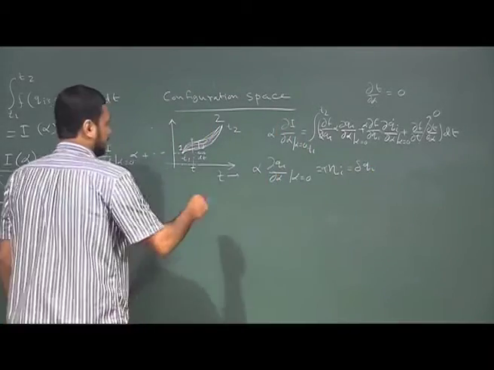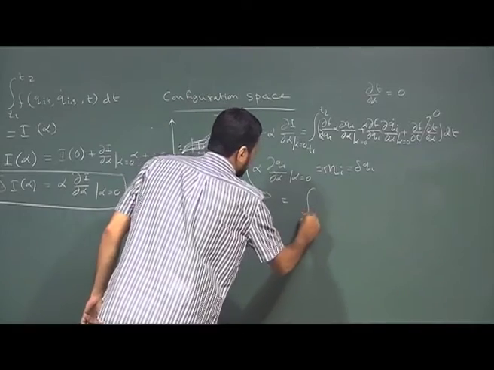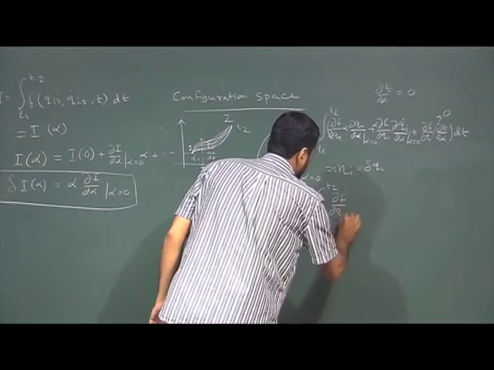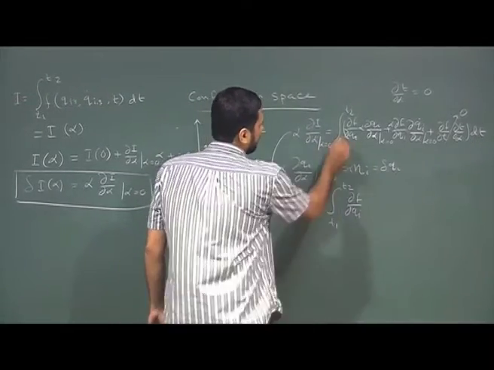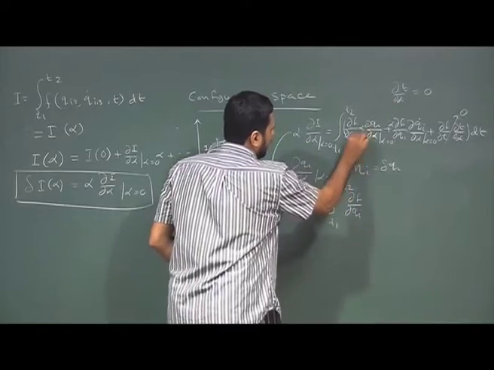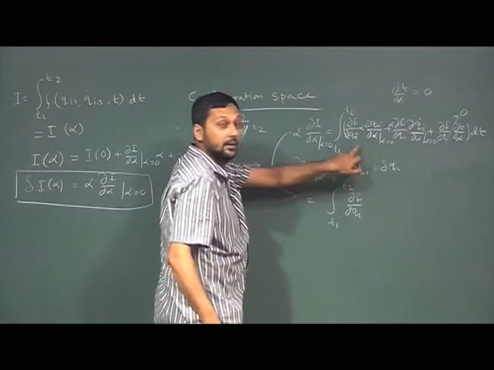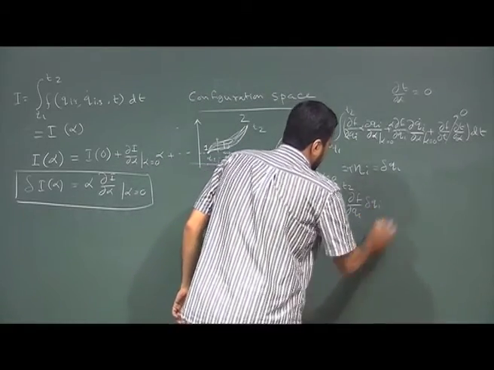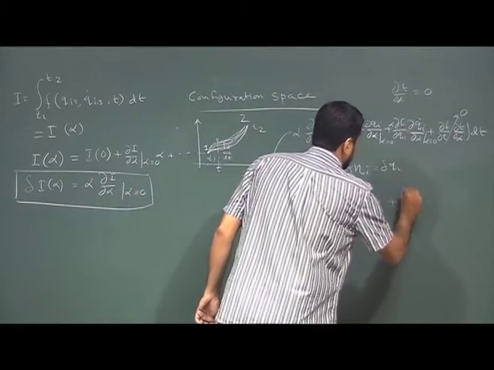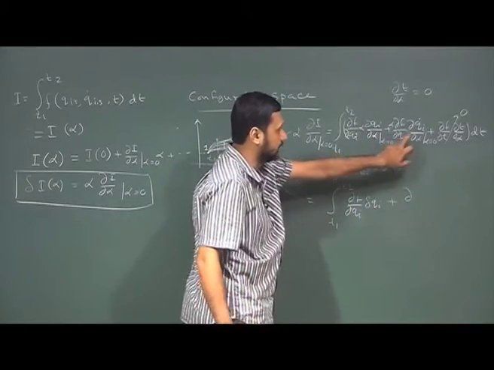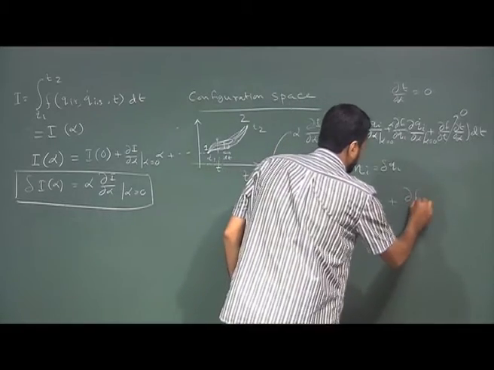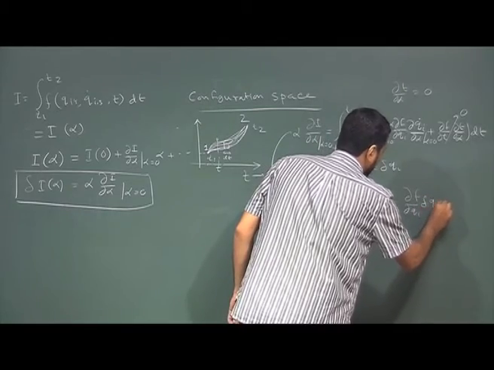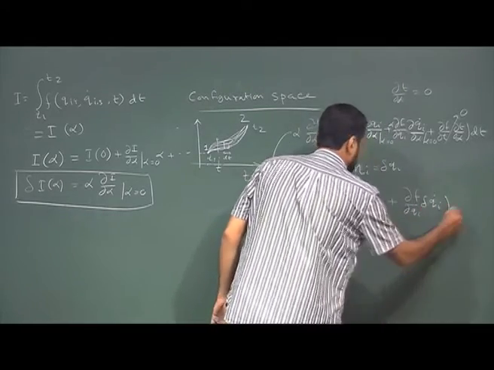So, this integration takes the form integral t1 to t2 of del f del q_i delta q_i. By the way, there is a summation over the index i, a repeated sum which is implicit. Similarly we can do the same thing for the generalized velocity component, and this will come out to be del f del q_i dot delta q_i dot, right.